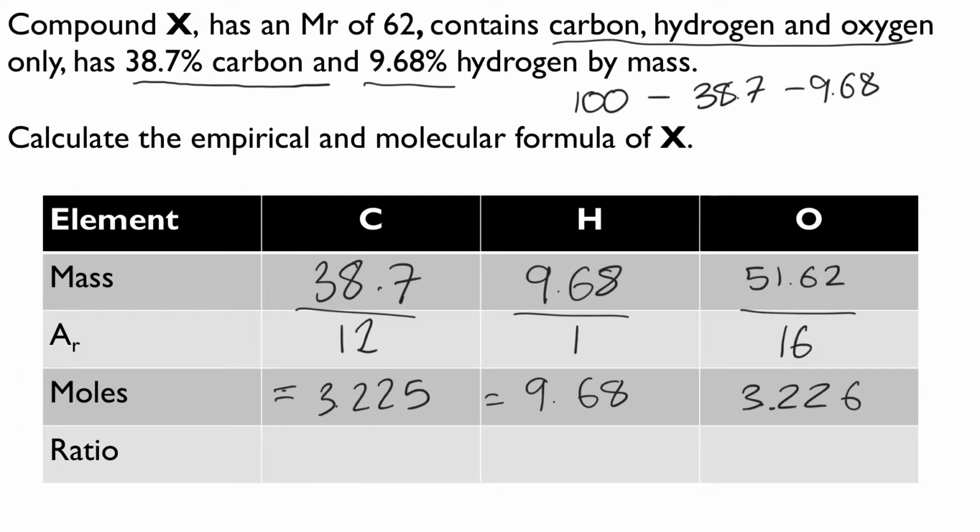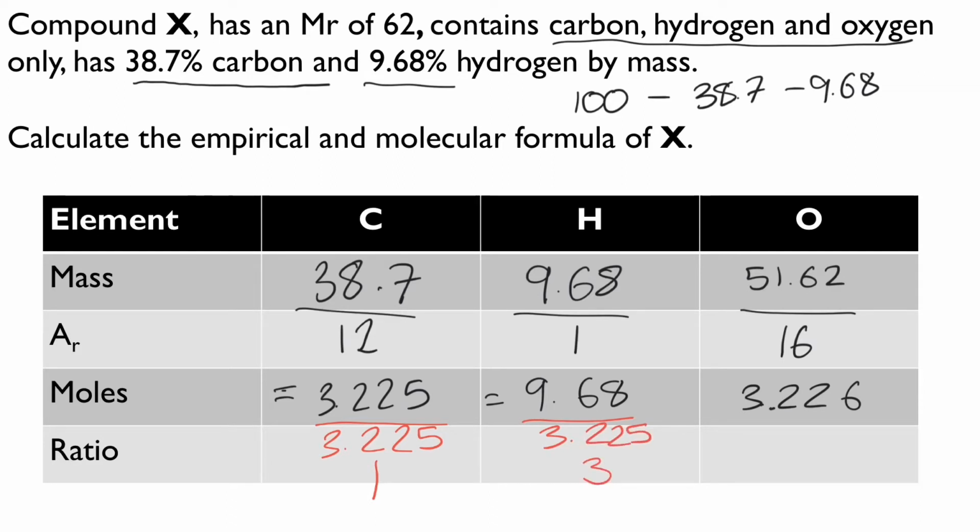We look at these three numbers here and we choose which one is the smallest. Well, 3.225 is the smallest, but it's basically the same as 3.226. So we're going to divide all of these numbers by 3.225. So the moles, 3.225 divided by 3.225 is 1. 9.68 divided by 3.225 is 3.